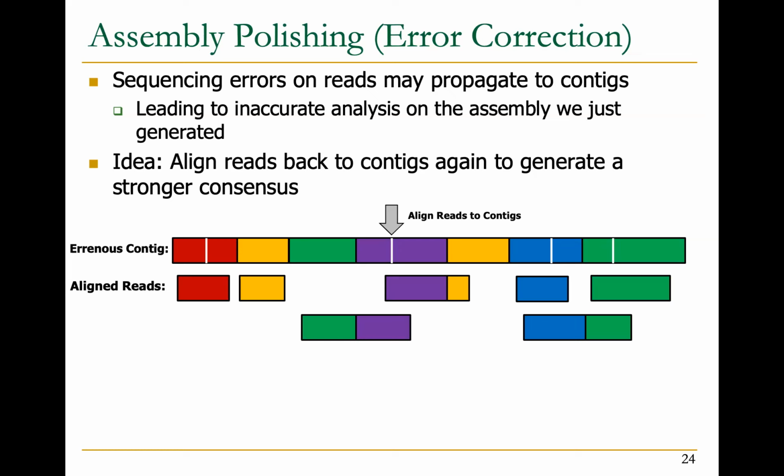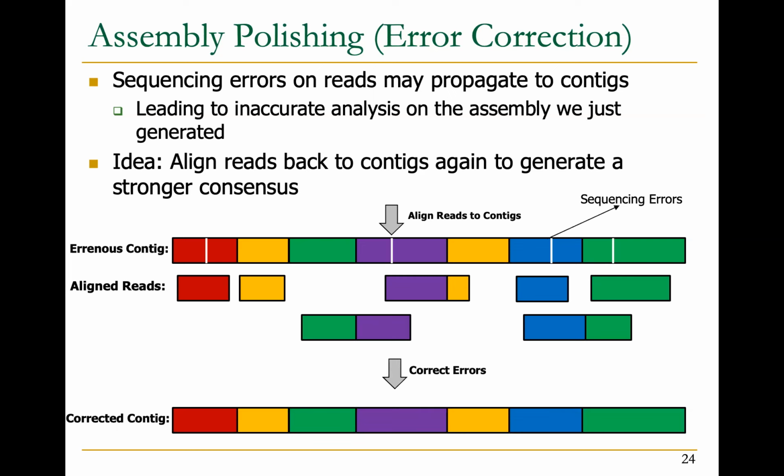Assume that these are some sequencing errors, like the white bars over there, and then we align the reads again to the erroneous contig, a piece in the genome assembly. The goal of error correction is to take a look at all this alignment information and then figure out the errors and how to solve them.